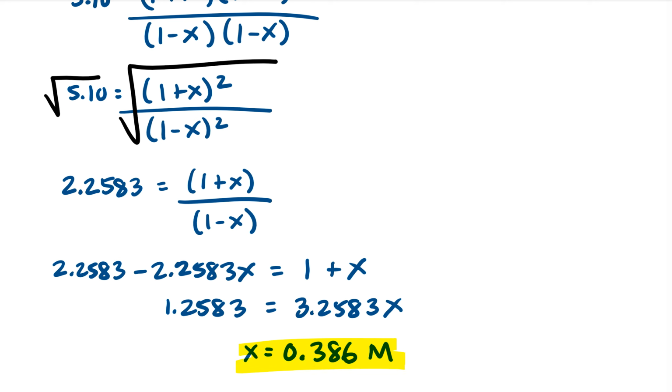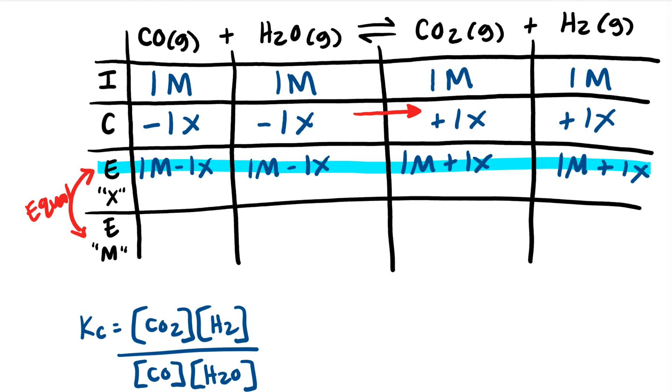Now that I know the value of X, I'm going to sub this value of X back into my ICE chart. So for our carbon monoxide, it is 1 molar minus 1x, or in other words, minus 0.3866, and that's in molar.